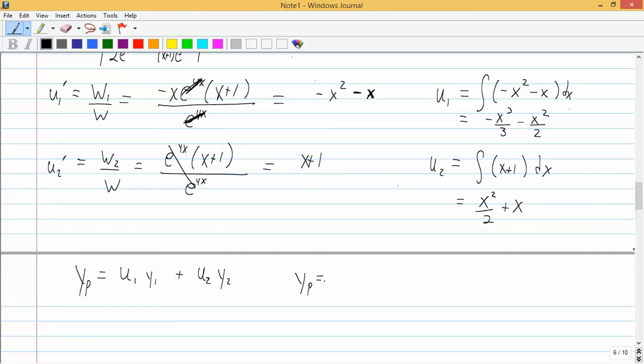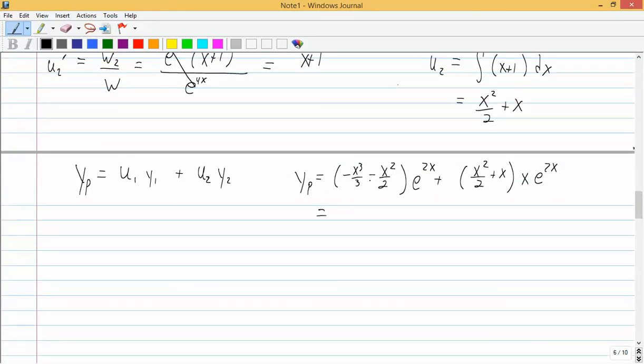So y sub p is equal to u sub 1, which is negative x cubed over 3 minus x squared over 2. That's u sub 1. Y sub 1 is e to the 2x. Plus, here's u sub 2, put in parentheses, x squared over 2 plus x. And then y sub 2, if you remember earlier, was x e to the 2x.